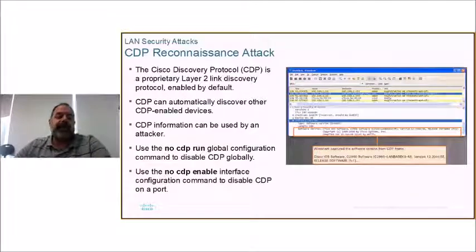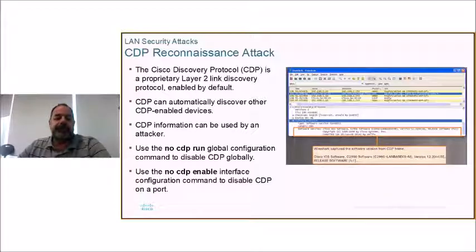Now CDP, as I said, Cisco Discovery Protocol is wonderful for fault finding. If you're trying to troubleshoot a network that you don't necessarily have very good diagrams for, CDP can be a wonderful tool to help you build a diagram of the network. But of course that means there's no security involved in CDP, so if it's running, other people can get a very nice idea of the map of your network as well.